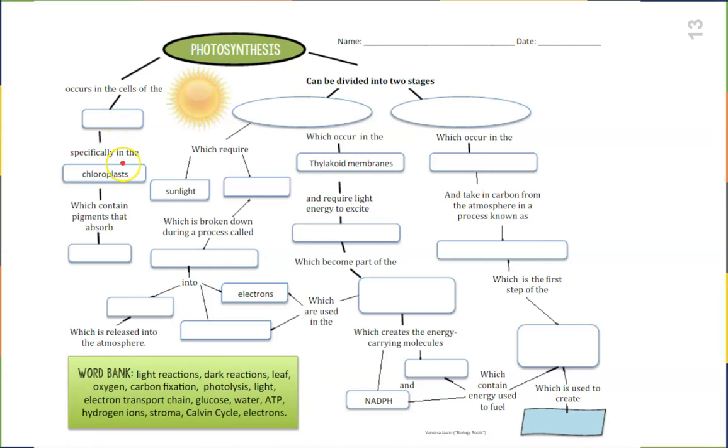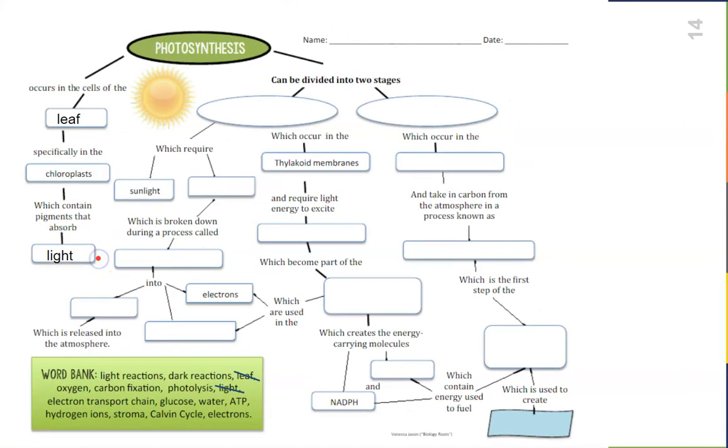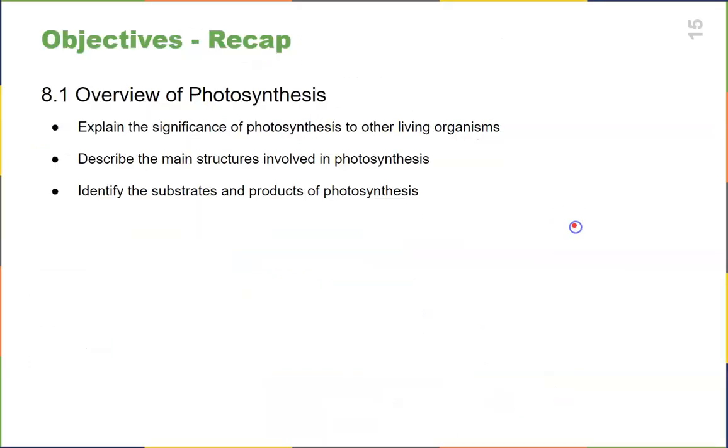It is specifically in the chloroplasts, which contain pigments that absorb light. So leaf should go here, and then light will go here. All right, so let's keep that in mind as we move through this next part. And then we'll come back to our graphic organizer again and fill in some more blanks.